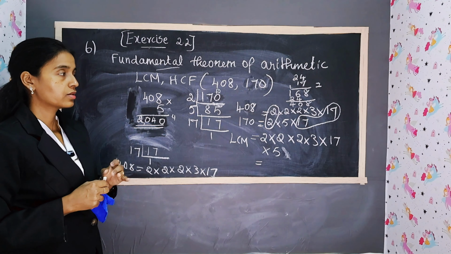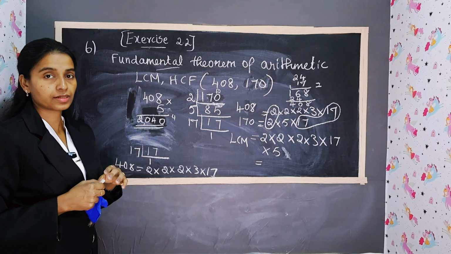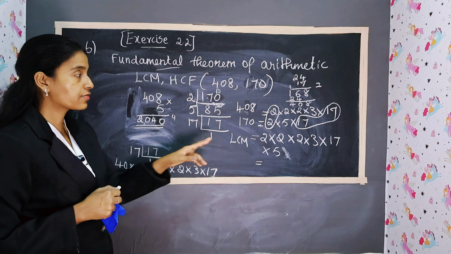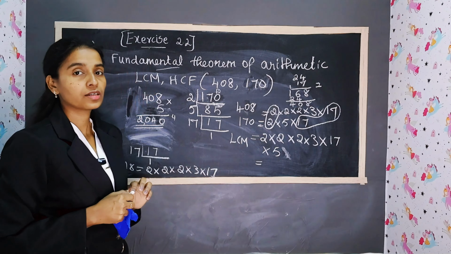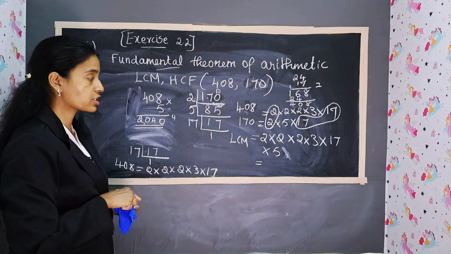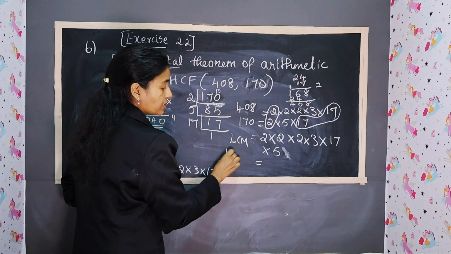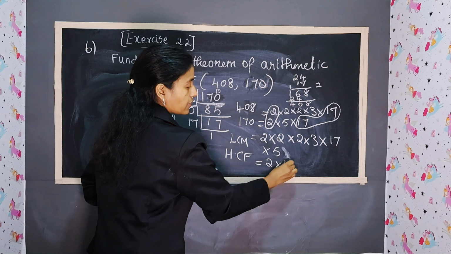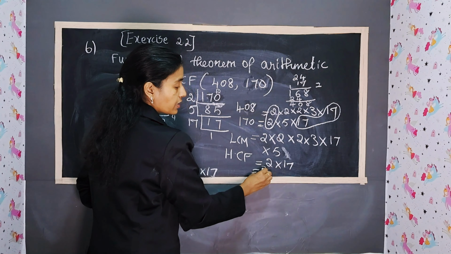HCF is what are the common factors are there. You need to check the common factors in both cases. Here we have 2 and 17, right? We have to take only those prime factors, that is HCF. HCF is 2 into 17. 2 into 17, how much? 34.